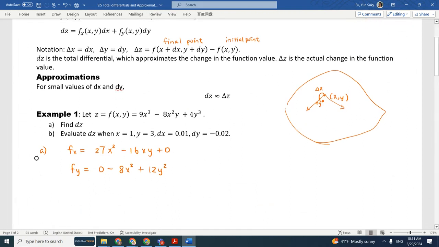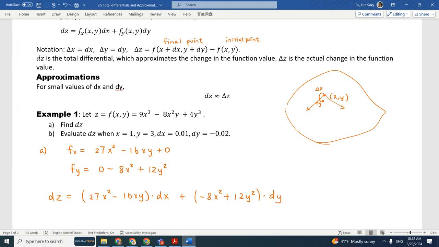Now we plug into the formula. We get dz is the partial derivative with respect to x, which is 27x squared minus 16xy, right here, fx dx, plus fy, which is negative 8x squared plus 12y squared, times dy.